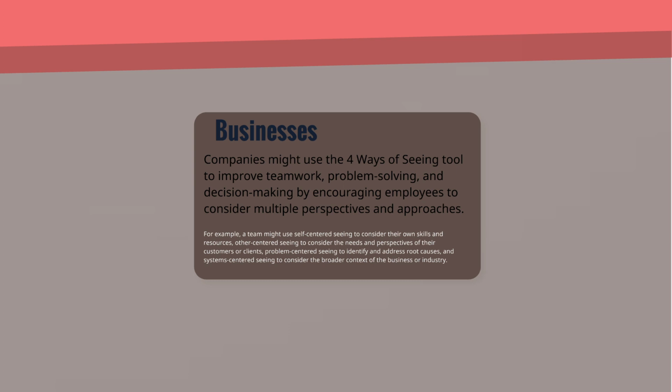You might use problem-centered seeing to identify and address root causes. What challenges is your target market facing, and how can you solve those challenges in a way that's both effective and sustainable? And finally, you might use system-centered seeing to consider the broader context of the business or industry and what trends and developments are shaping the market and how you can position yourself for success in the long term.